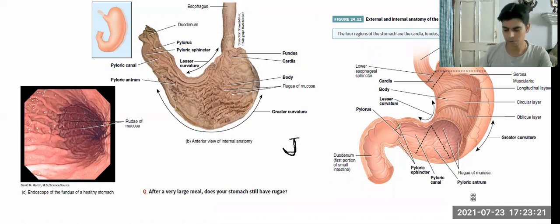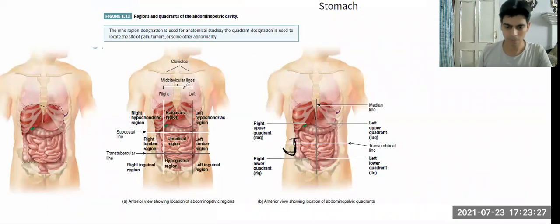And if we talk about its anatomic position, then we need to look at this diagram. Here is your stomach. To locate organs in the abdominopelvic cavity, anatomists have divided it into different regions.